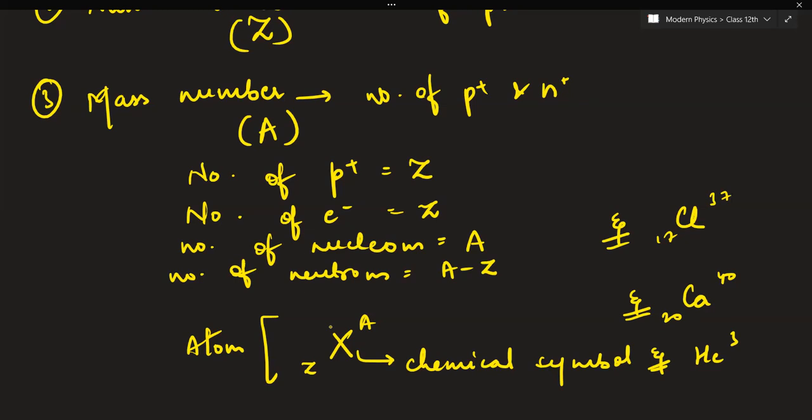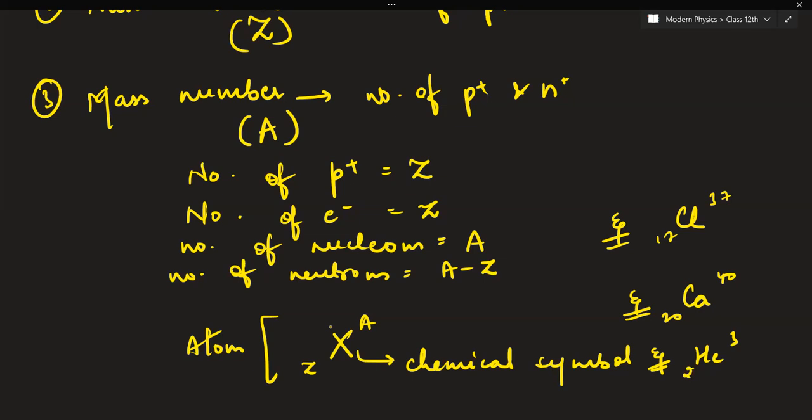Like chlorine, 35 is there, and one isotope is 37, so 37, 17. Calcium, 40, 20. Helium will be 3, 2 here. Like this you keep writing. Understood? So this is just a simple representation of it.